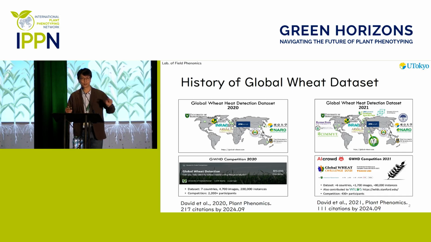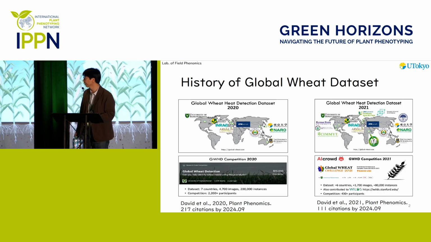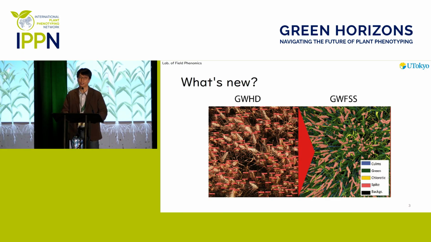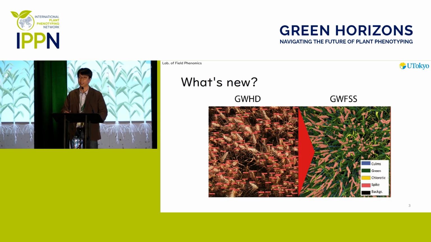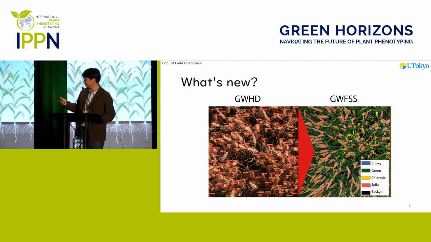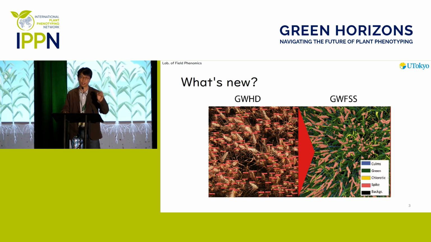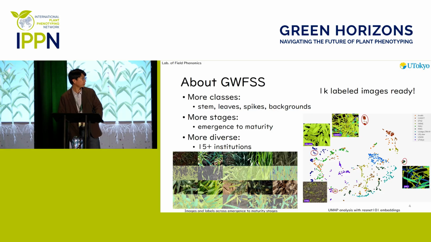So if you use YOLO, you just use one line of code, and you can call this dataset to train your model. And that's it. What's new? Global Wheat versions 1 and 2 focused more on detecting the head from pictures. But the new version is a full semantic segmentation dataset that can train your model to recognize the different organs of the plant.